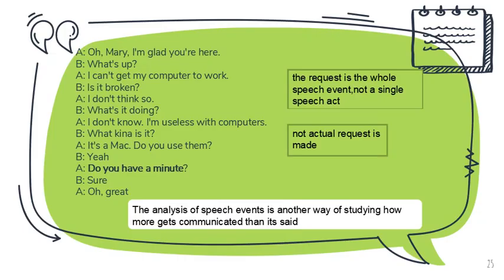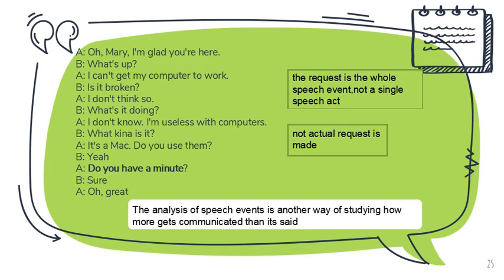The interaction in this example may be called a requesting speech event without a central speech act of request. Notice that there is no actual request from him to her to do anything. We might characterize the question "Do you have a minute?" as a pre-request, allowing the receiver to say that she is busy or that she has to be somewhere else.